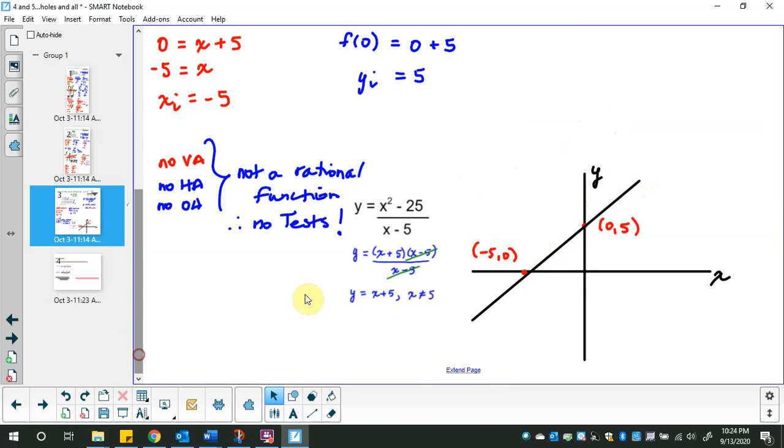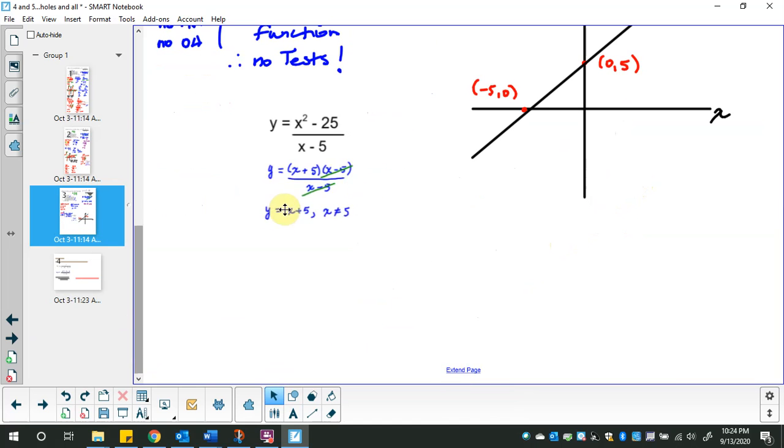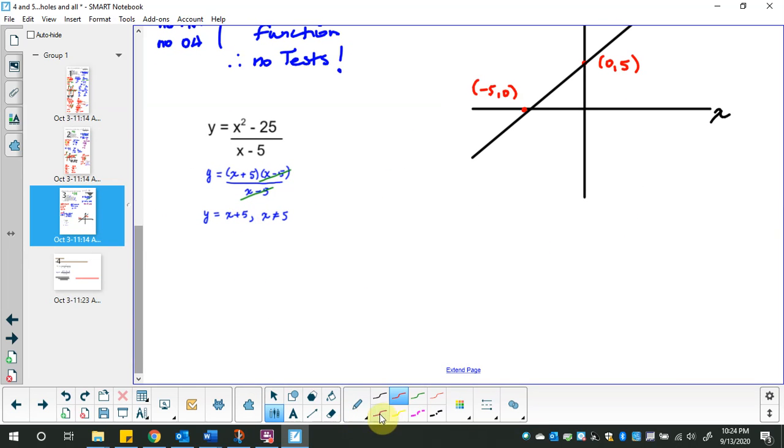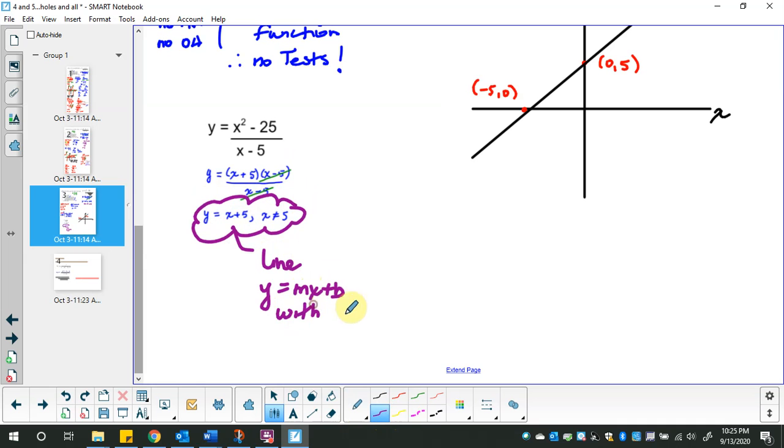So just a little aside, this is a line with a hole.